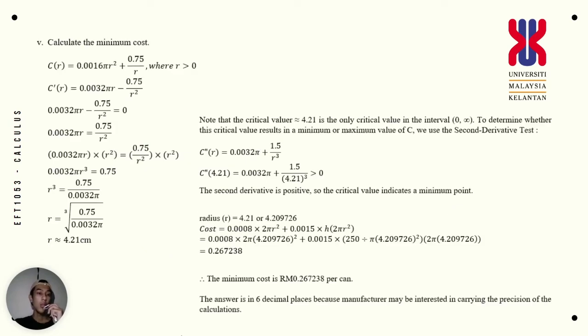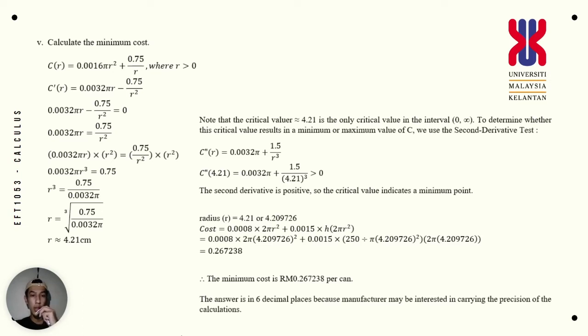Okay, next, we will need to calculate the minimum cost. So the calculation is the same as we did in question 2 to get the radius.